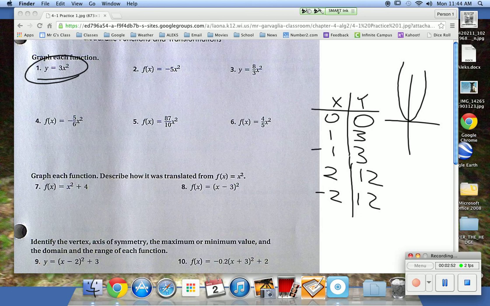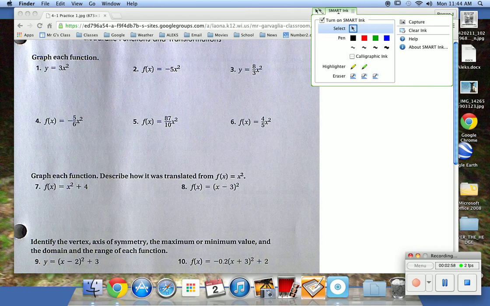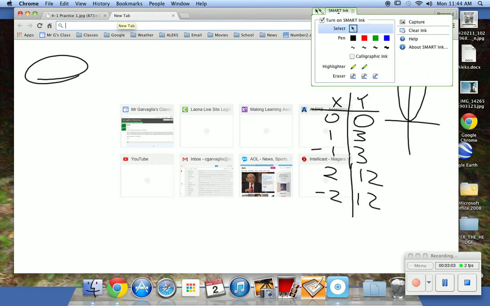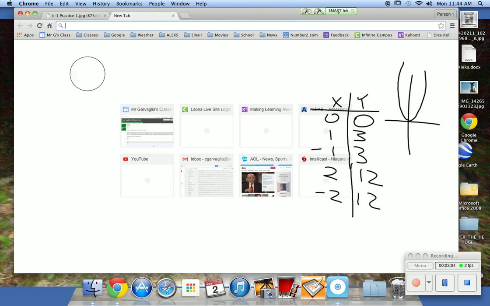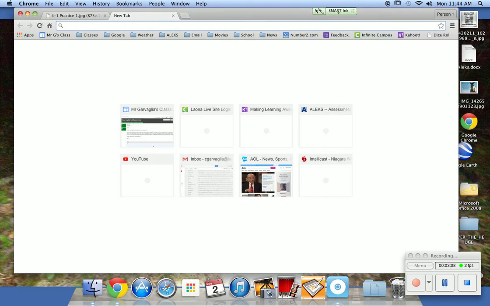If I was to take Desmos and graph this to see what it looked like, get rid of this. Yeah, just clear it. Classes, go in here.